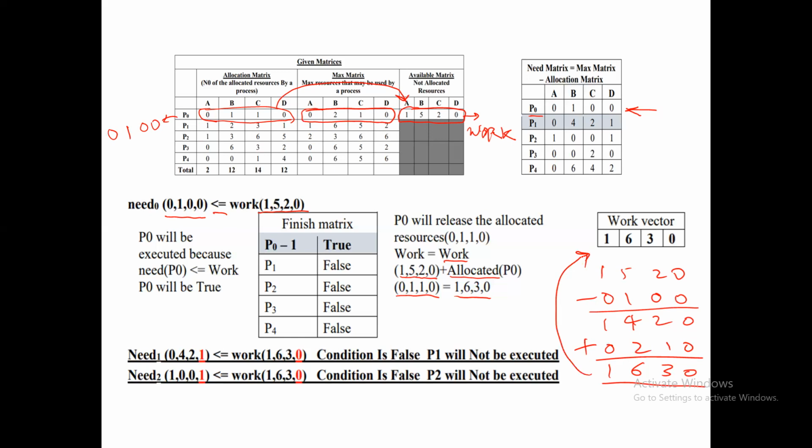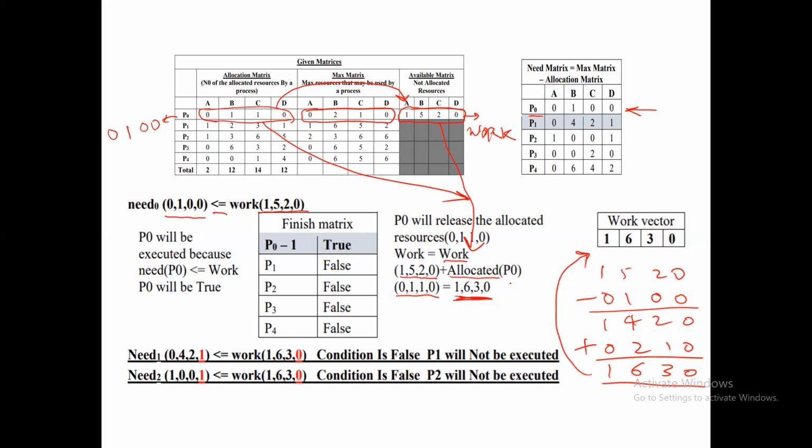What we have done here is, instead of deducting and adding, we have simply taken the current work and added the current allocation to the work. Take the current availability: work equals work plus allocation. That would anyway give you 1630.